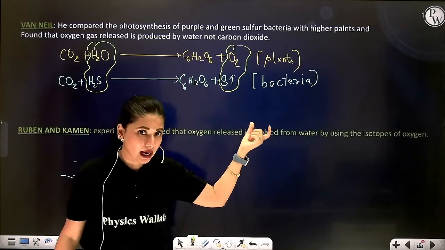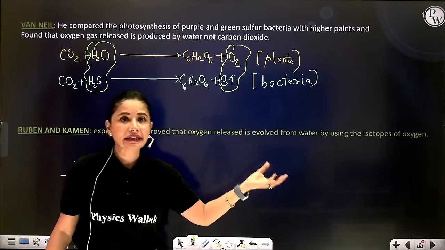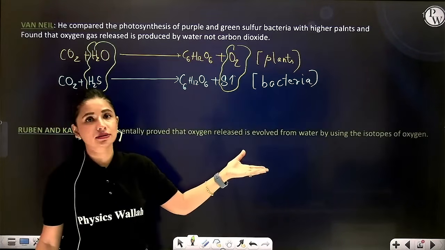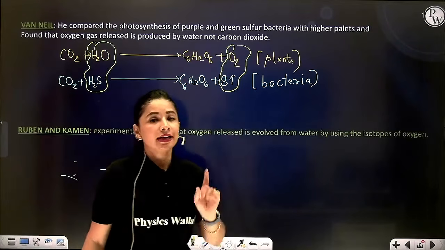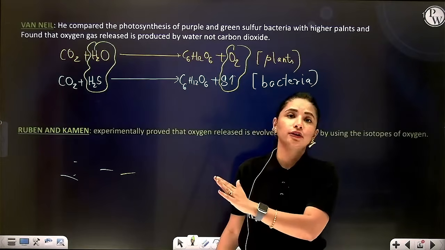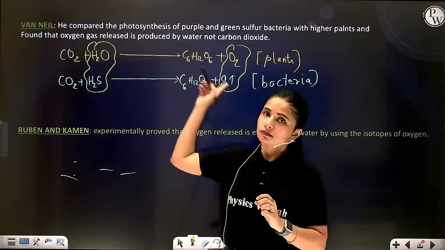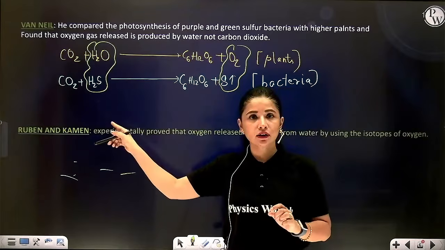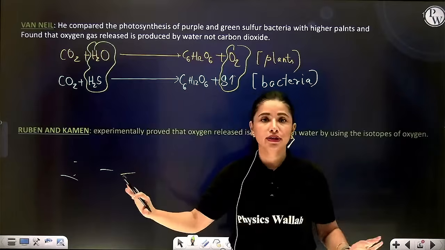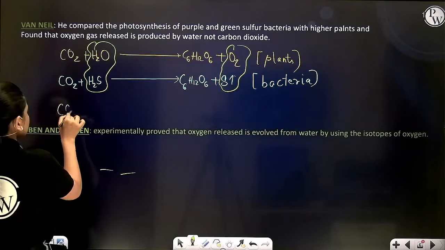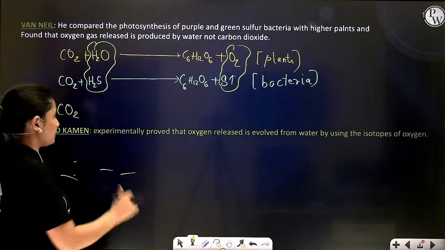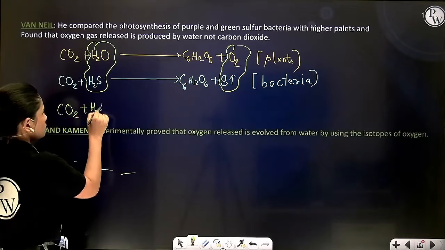So Van Niel concluded after observing the rate of photosynthesis that surely reducing agents are the ones who decide the gas produced. If it is water, oxygen. If it is hydrogen sulfide, then it is sulfur. So he wrote a general equation for photosynthesis: CO2 is common, carbon dioxide is the major substrate which will be reduced by any reducing agent.